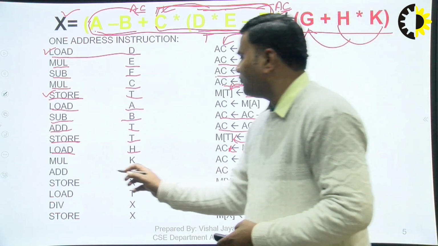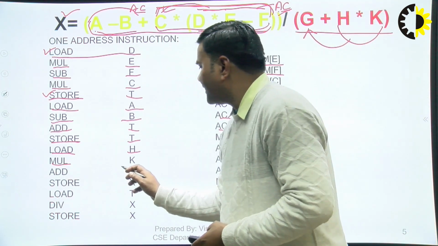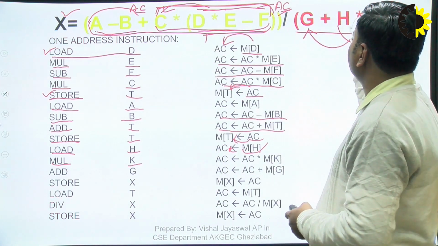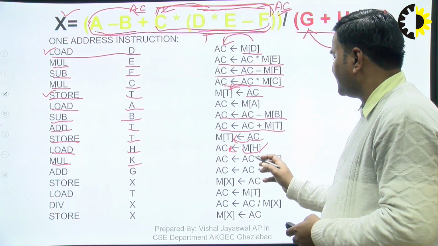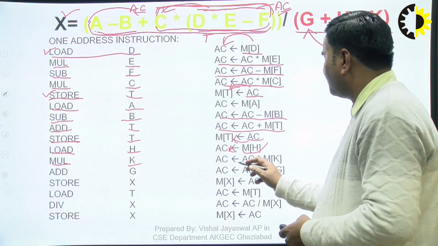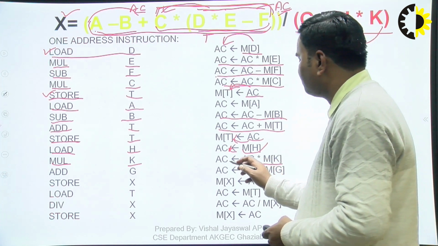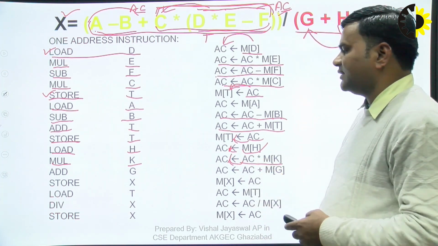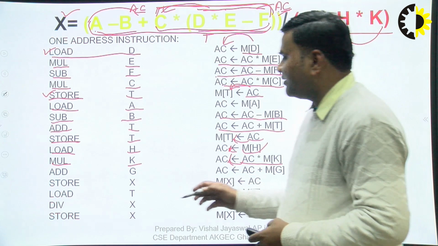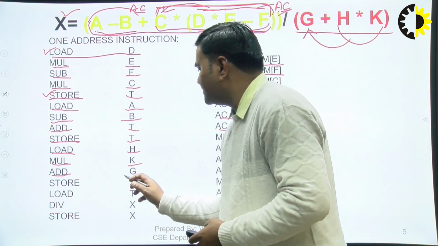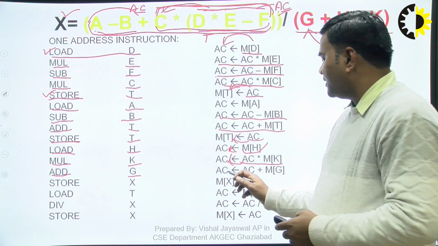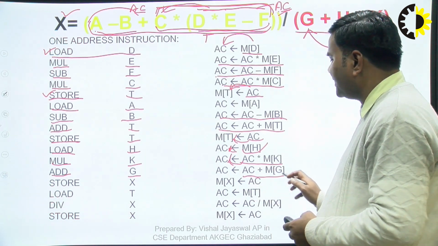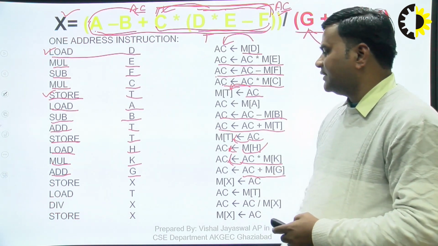After that we multiply K, meaning H into K, that is AC into M of K is multiplied and the result is transferred to the AC register. After that we have to add G, meaning AC plus M of G, and store the result in AC.